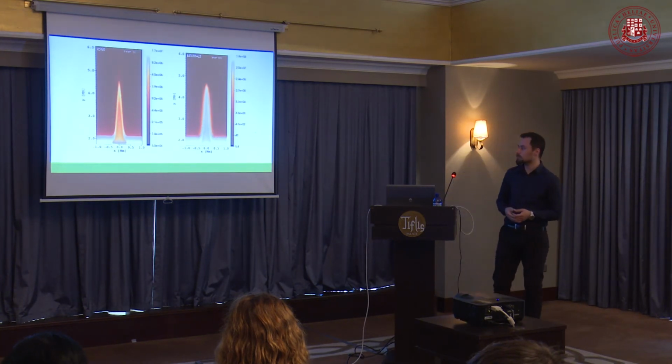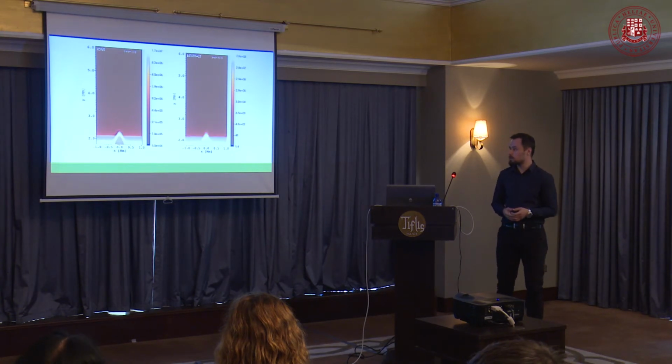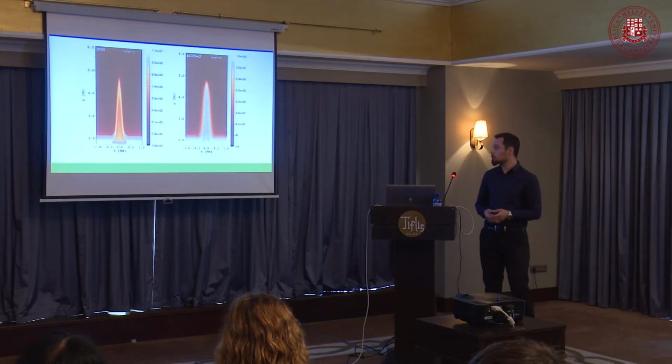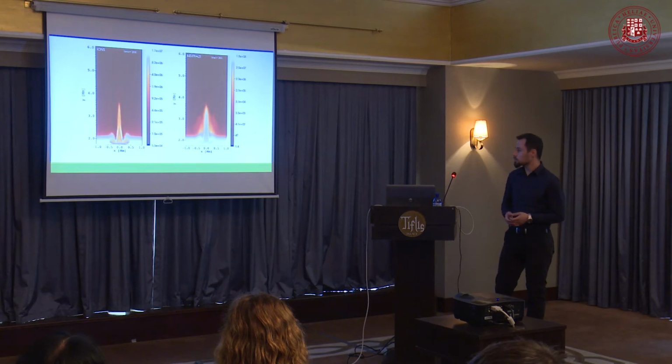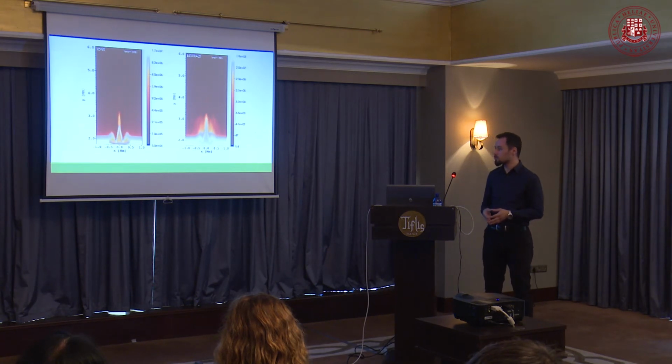And we finally have some numerical results of our simulations. On the left side we have ions, and on the right side we have neutrals. And here we can already see many differences between the dynamics of these two fluids.